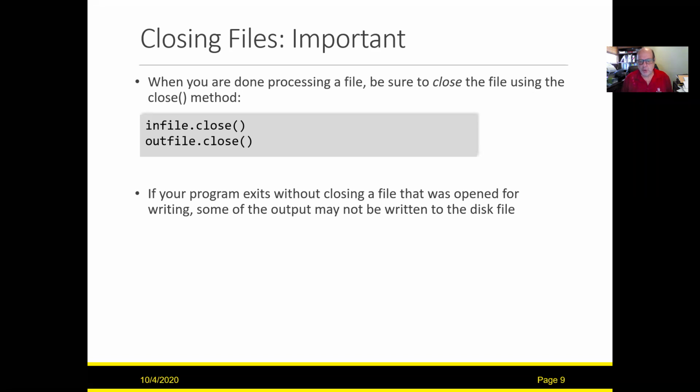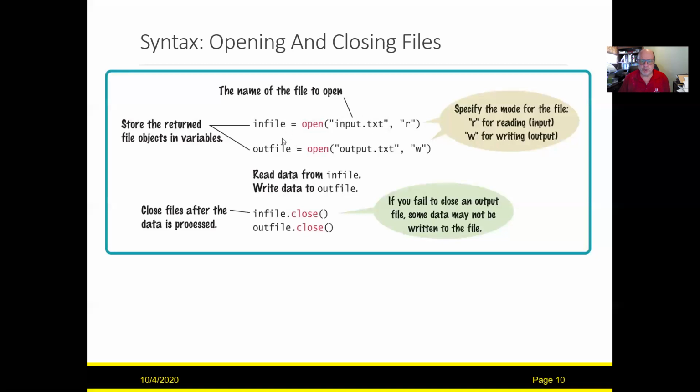But if you don't close it, there is a chance that some data that was supposed to be written to the file is not, which could potentially damage the file. So that's the format: open for reading, open for writing, and close.